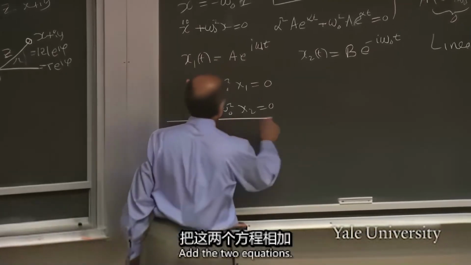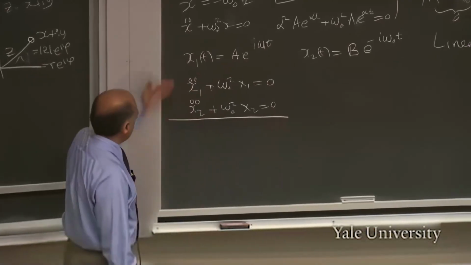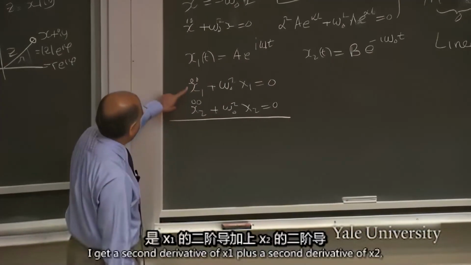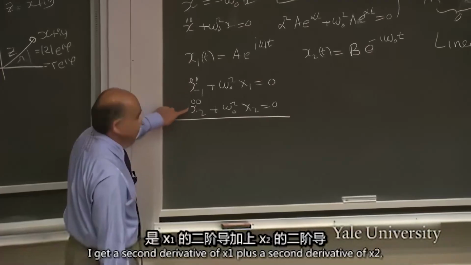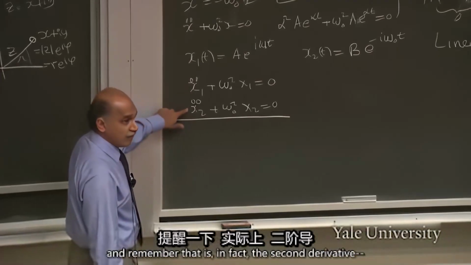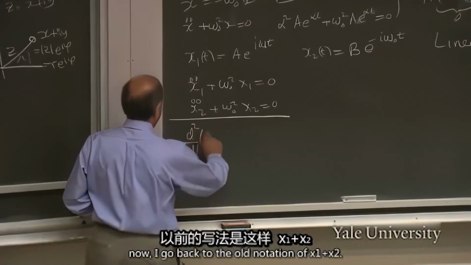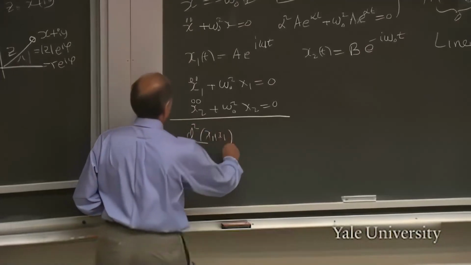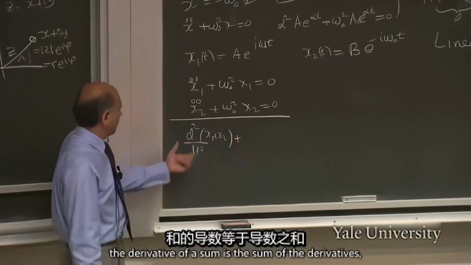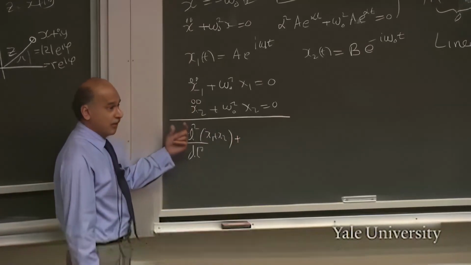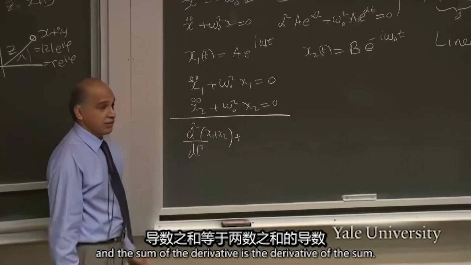Add the two equations. On the left-hand side, I get the second derivative of x1 plus the second derivative of x2. Remember, that is in fact the second derivative. Now I go back to the old notation of x1 plus x2. This has to do with the fact that the derivative of a sum is the sum of the derivatives, and the sum of the derivatives is the derivative of the sum.